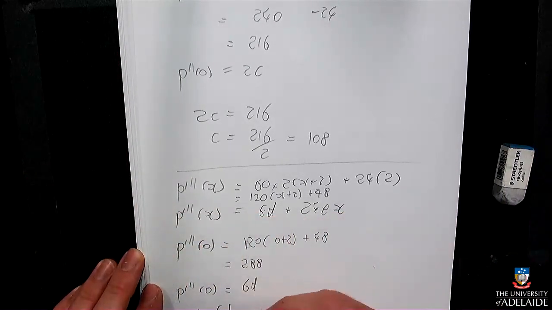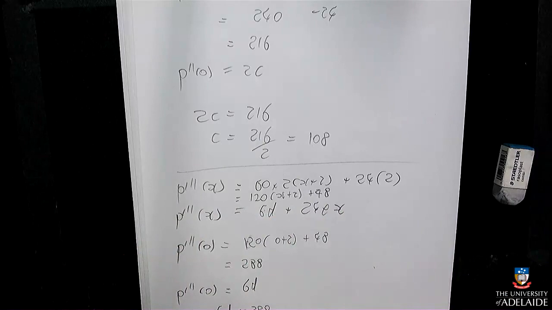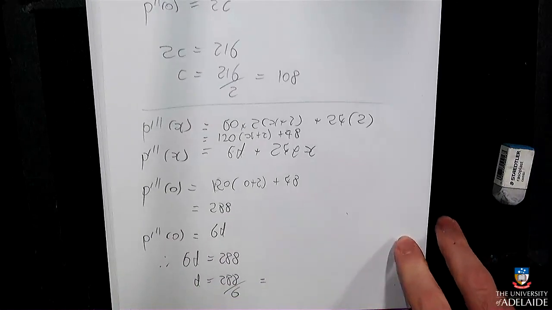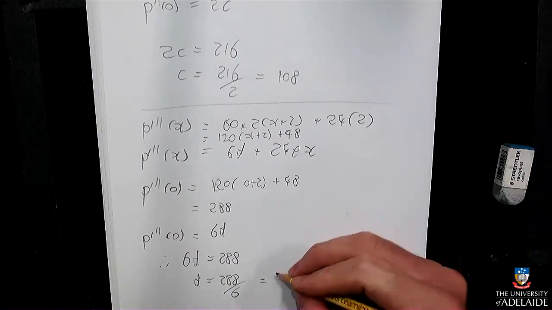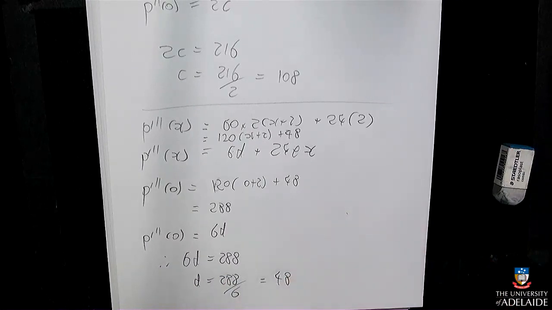So therefore 6d is 288, and d is 288 divided by 6, which is whatever it is. Well, 24 divided by 6 would be 4, and 48 divided by 6 would be 8, I think. Well, 50 lots of 6 would be 300, and then we take off 12.